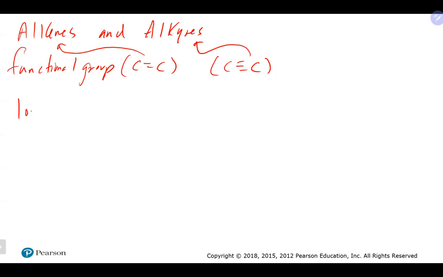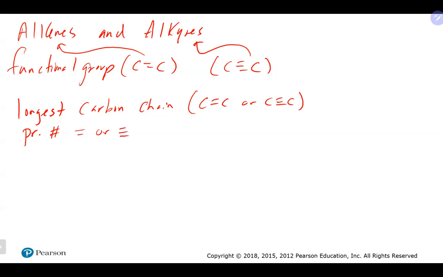We still look for the longest carbon chain. And that longest carbon chain does need to contain either the double bond or the triple bond in it when you are counting it. We give the priority in terms of numbering to the double bond or triple bond.